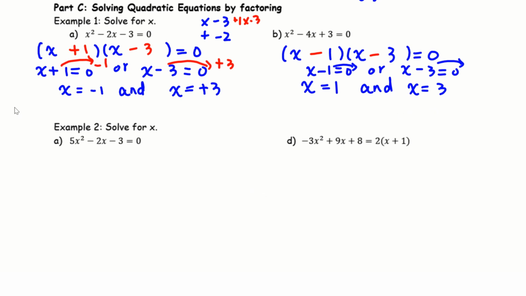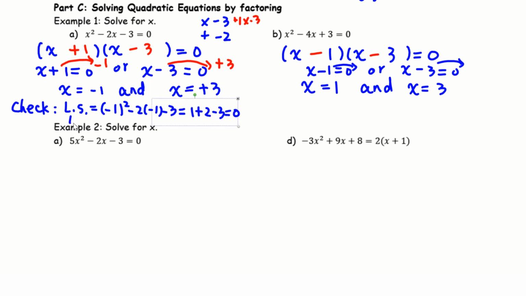And you could check if you want to see if you got it right. So check the left side, sub in x equals negative 1, then minus 3, you do your calculation, you will find out 1 plus 2 minus 3 is 0. Then do the same thing for x equals 3.